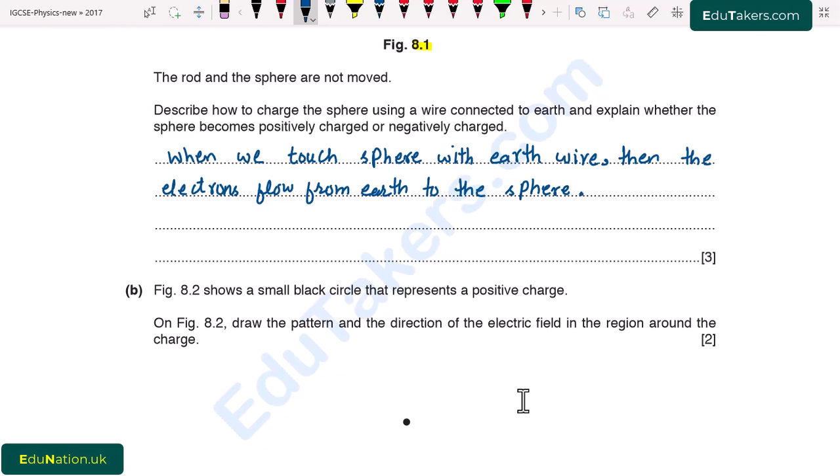In the next step, disconnect the earth wire and remove the positively charged rod away from the sphere.